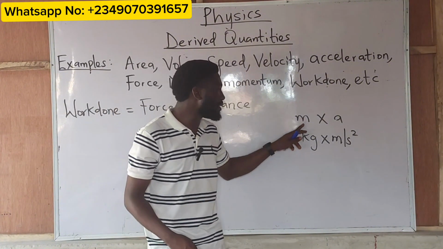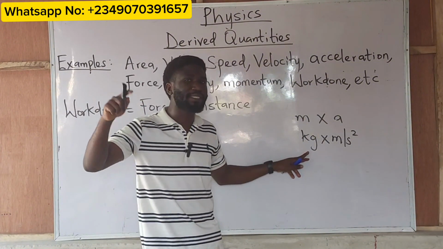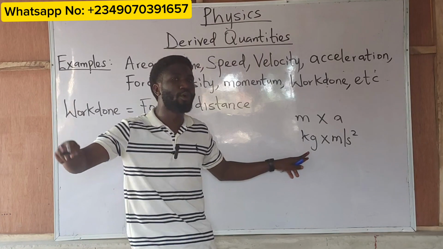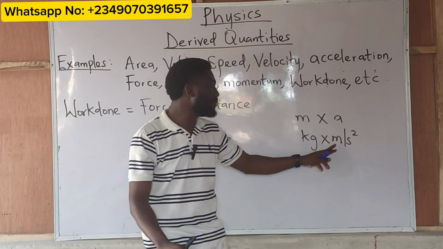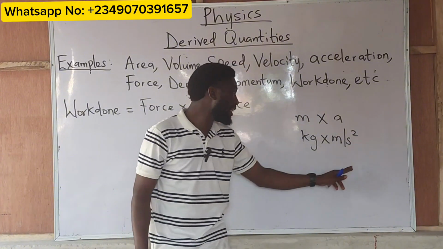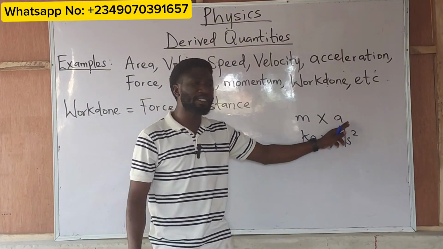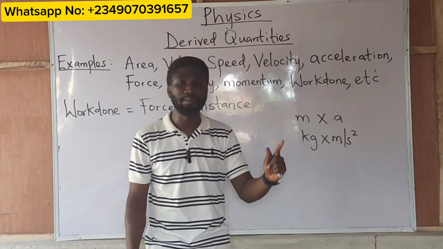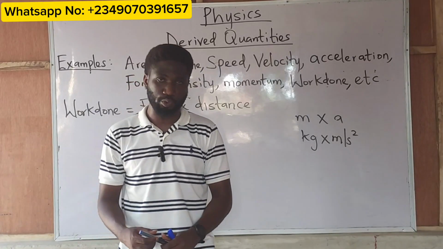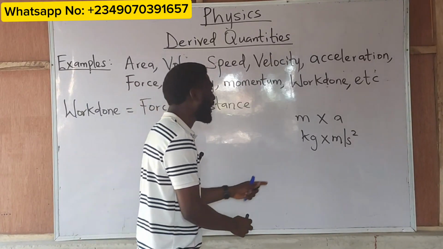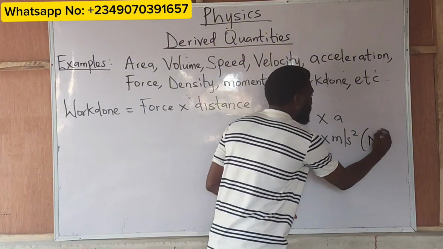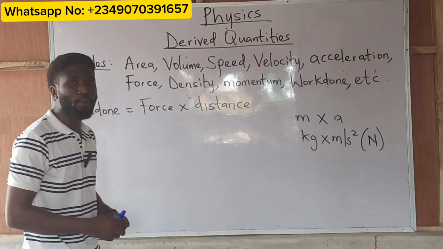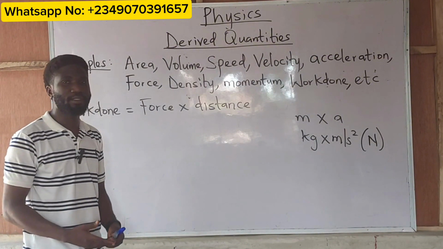The unit of mass is kilogram. The unit of acceleration, even though it has its own formula, I've already known is meter per second square. Then kilogram times meter per second square will give us kilogram meter per second square. And please, aside from kilogram meter per second square, we can also have it to be Newton.